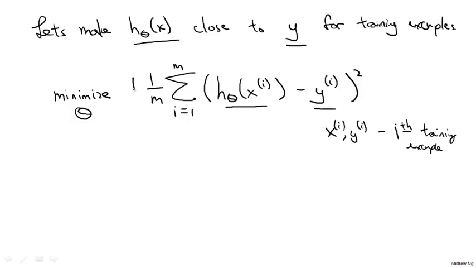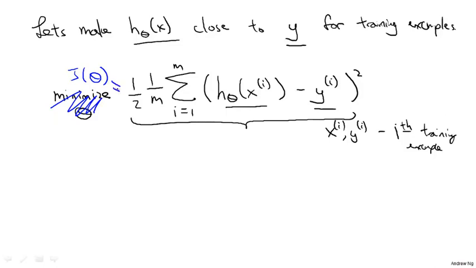To simplify some of the later math, I'm going to put a 1/2 there. So minimizing 1/2 of the average squared error should give you the same answer as minimizing the average squared error. So to simplify my math a little bit, let's take this whole term and give it a name. I'm going to define J of theta to be equal to this whole thing, right?